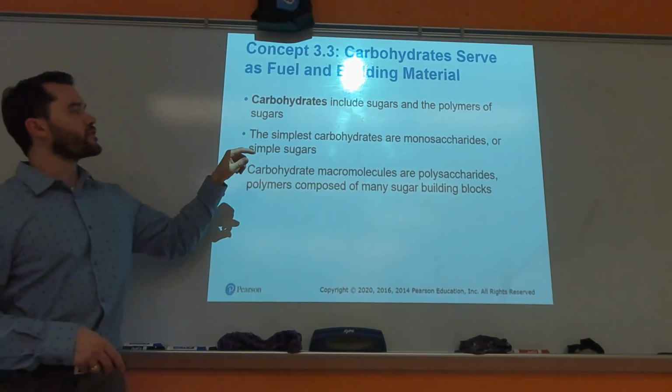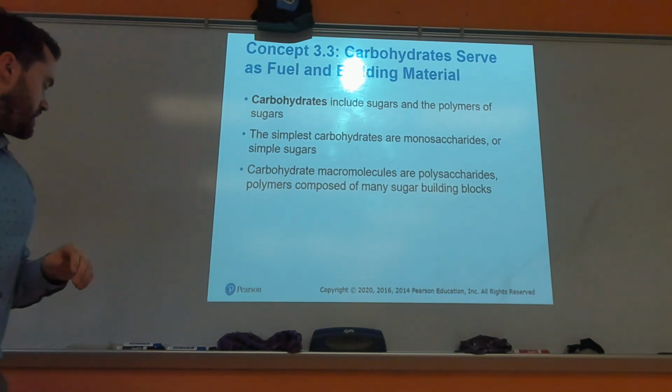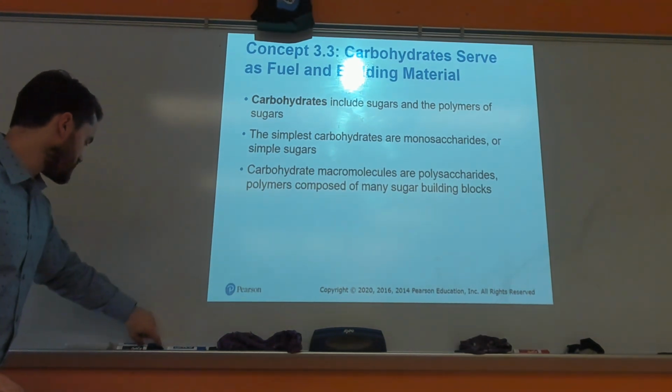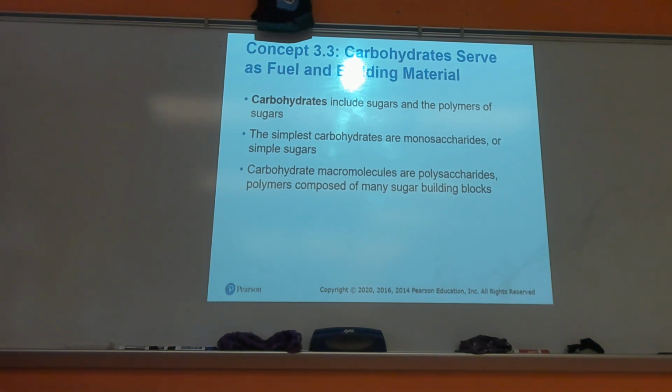The monomer for the carbohydrates are the monosaccharides. Okay, I'll start getting a list here. So our first biomolecule is the carbohydrate, and then the monomer there is the monosaccharide.